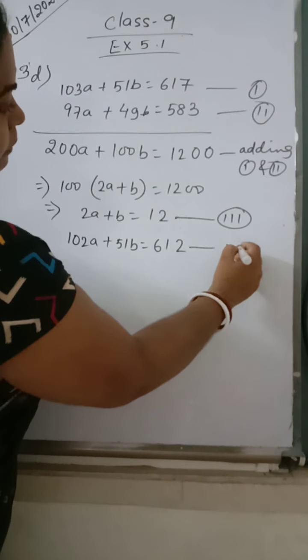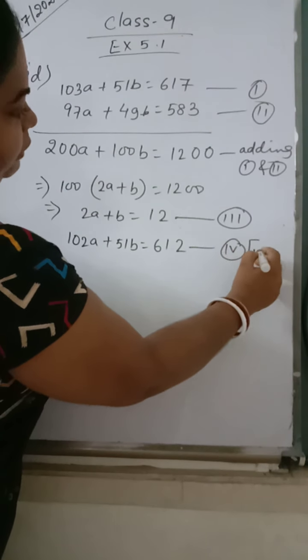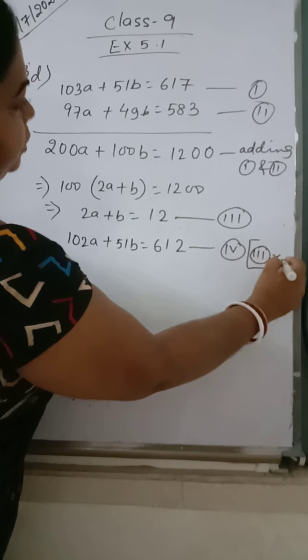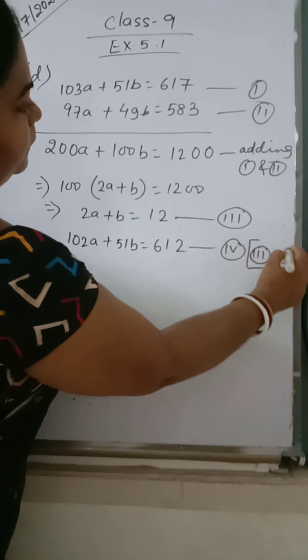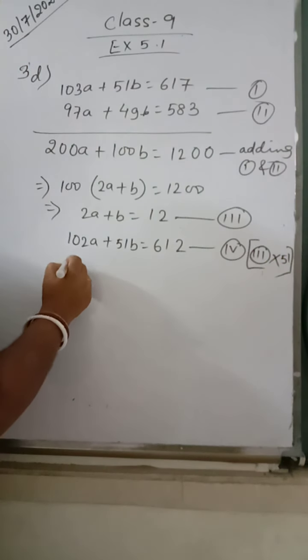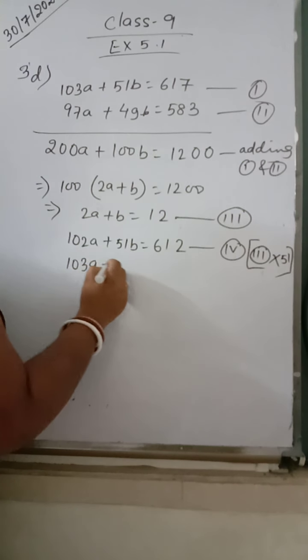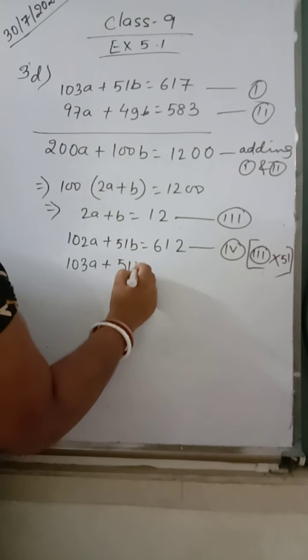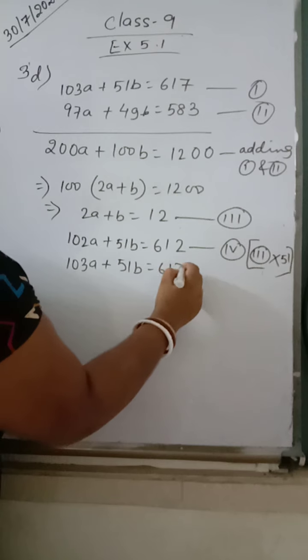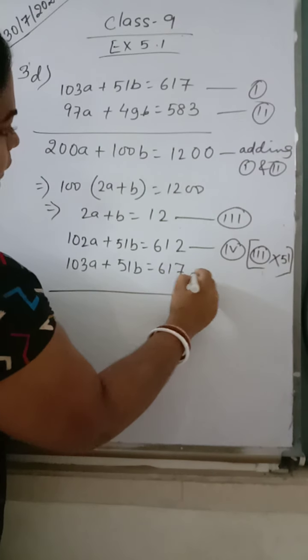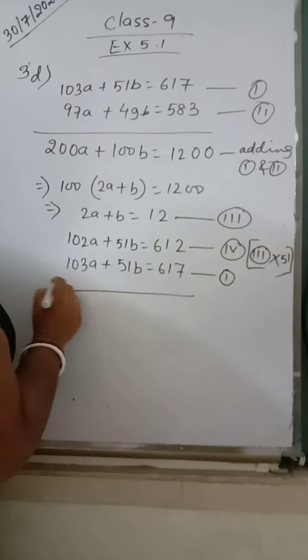This is equation number 4. How did we get? 3 into 51. Now 103a plus 51b is equal to 617. This is equation number 1.